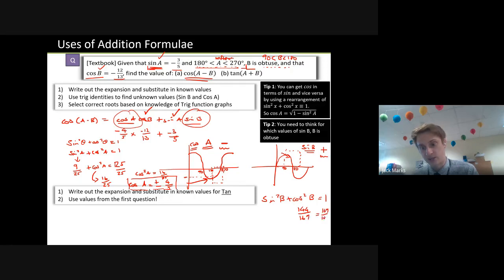And then again, I think about, what's missing? Well, what's missing should be 25. So sine squared B equals 25 over 169. So sine B is plus or minus 5 over 13. Well, if you look at the sine B graph, we're talking about this section here, so it must be positive. So I want the positive 5 over 13.